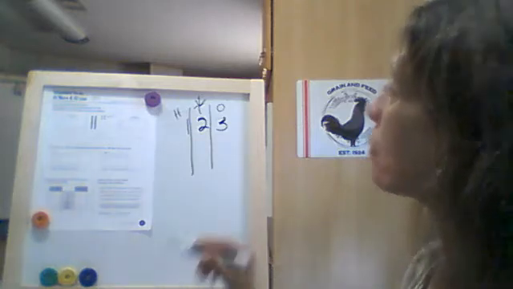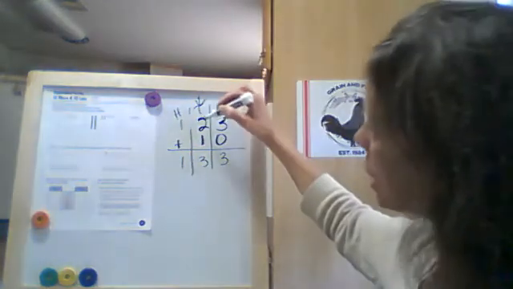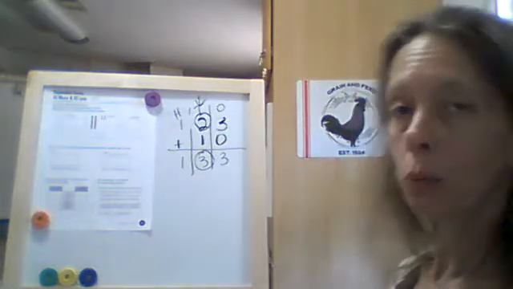Okay, if I add, let me write that a little better and give you an overview. If I write the number 123 and I add 10 to it, I get 3 plus 0 is 3, 2 plus 1 is 3, 1 plus nothing is 1. Now I've changed this number to this number by adding a 1.